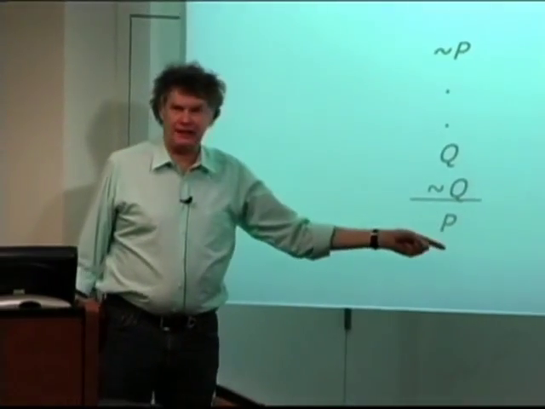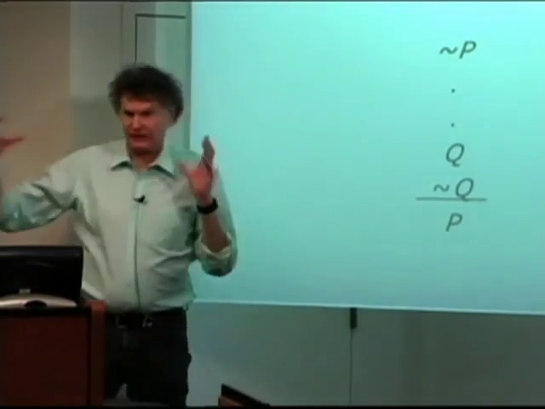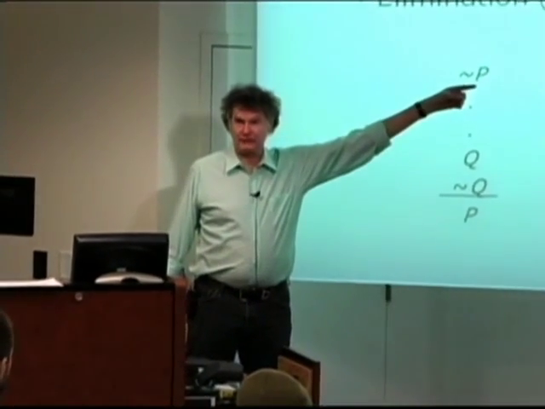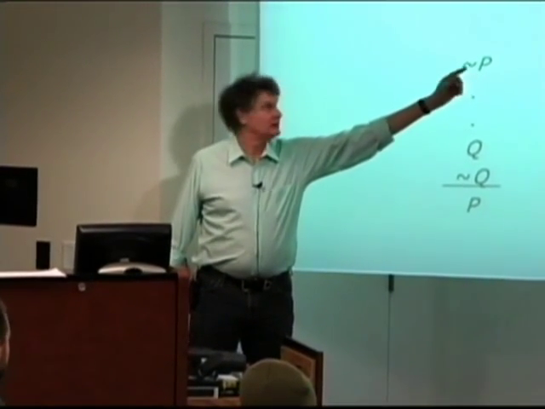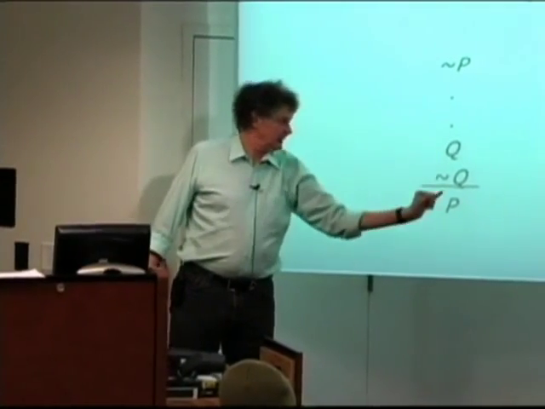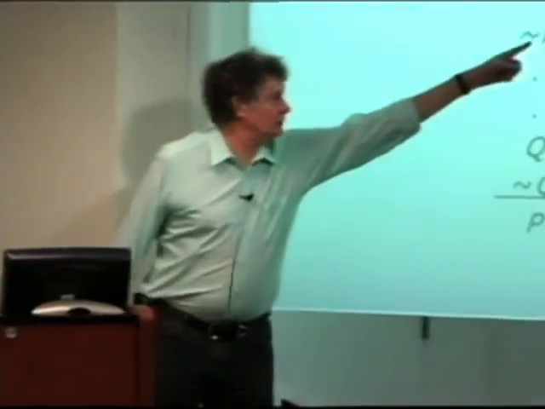Let's say we're trying to establish something, as complicated a sentence as you please, but it doesn't have a negation sign in front of it. A technique is to assume the opposite of what you're trying to prove, like curl P, and derive a contradiction, and then you can show that that can't be true. So if curl P can't be true, then P is true. So that same technique works there as well. All right, any questions about any of these techniques?